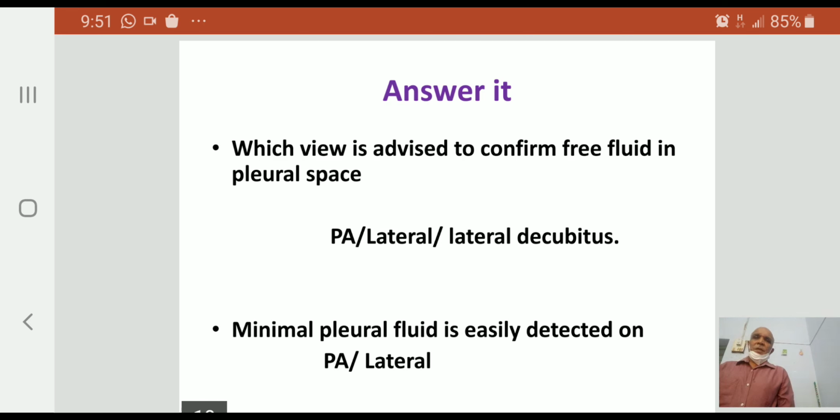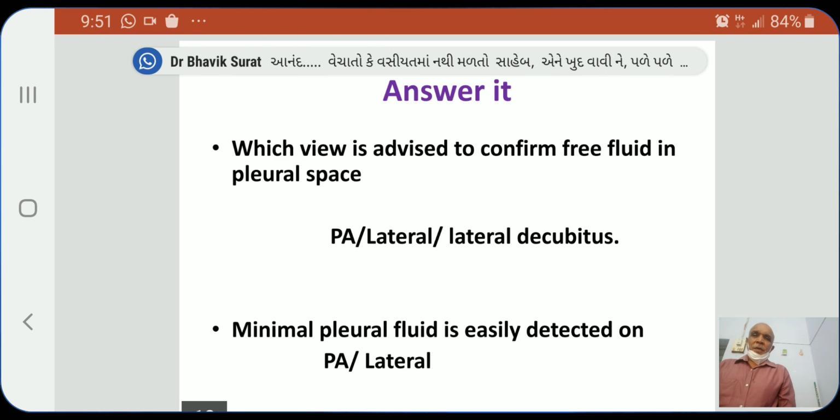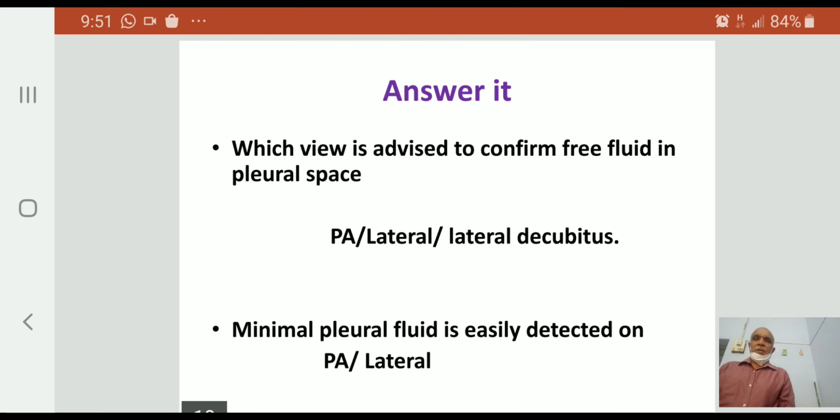So to confirm free fluid in the pleural space, the lateral decubitus view is advised.